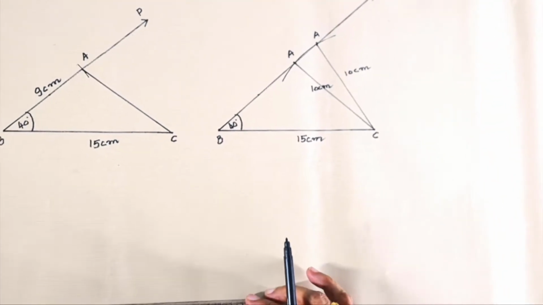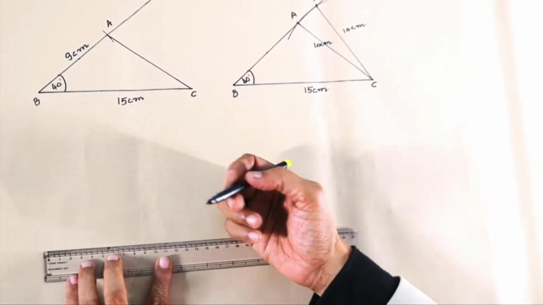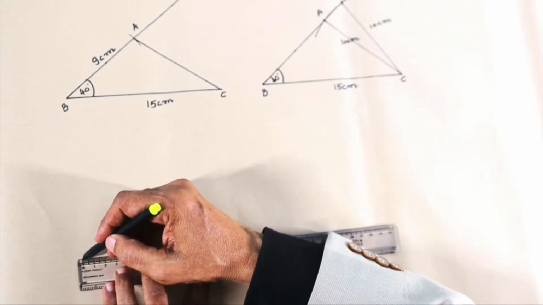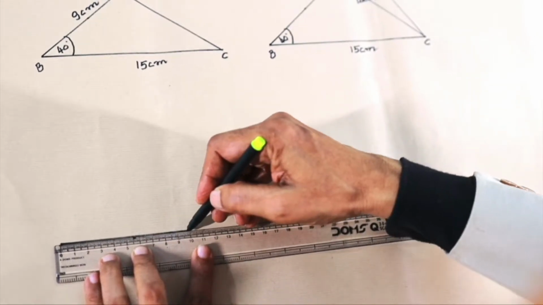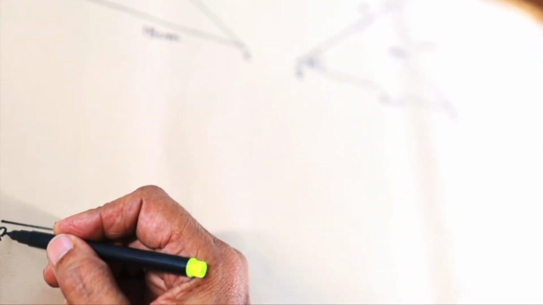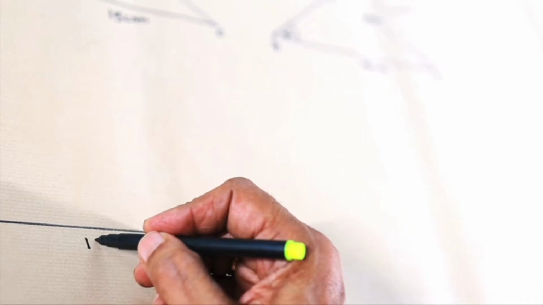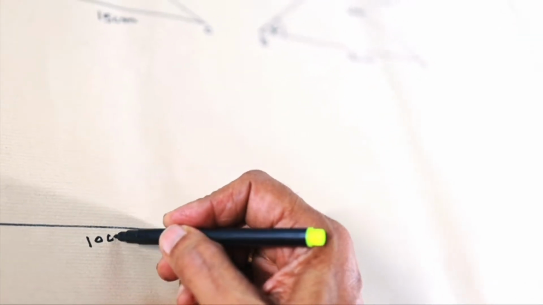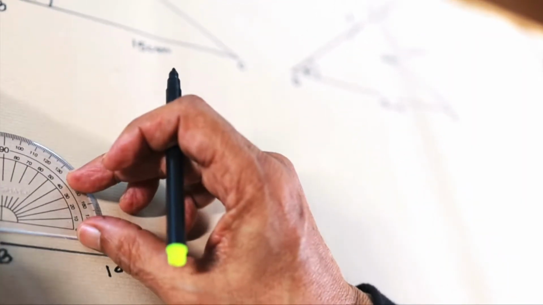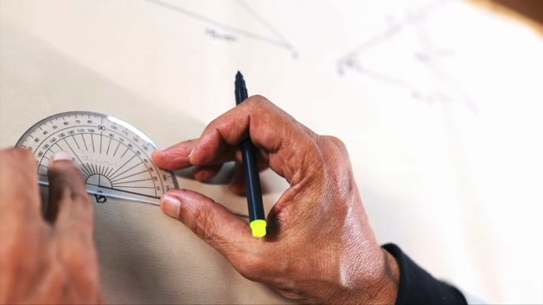Now let us take right angle triangle cases. So for this, let us draw the base BC equal to 10 centimeter. Okay, let us call this base BC as say 10 centimeter. Now at B, let us mark an angle of 90 degrees.